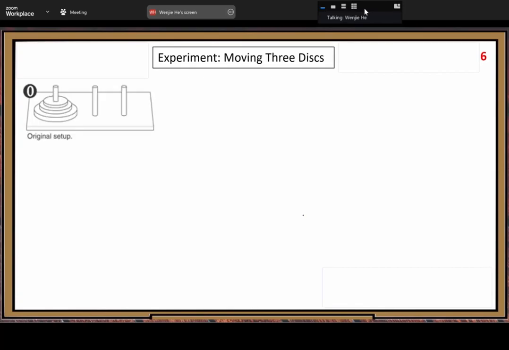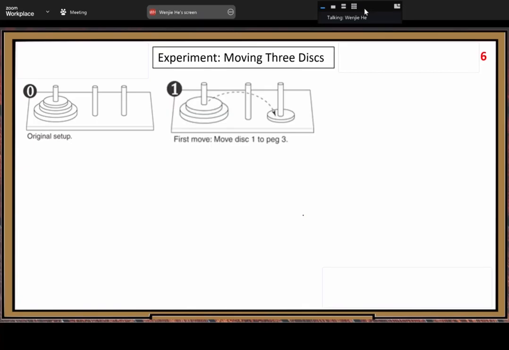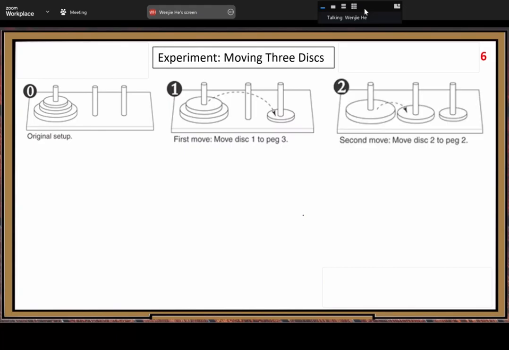Moving 3 disks, step by step. Our original setup, step 0. Get it started. First move: move the smallest disk to peg 3. Move the middle disk and place it on the middle peg.